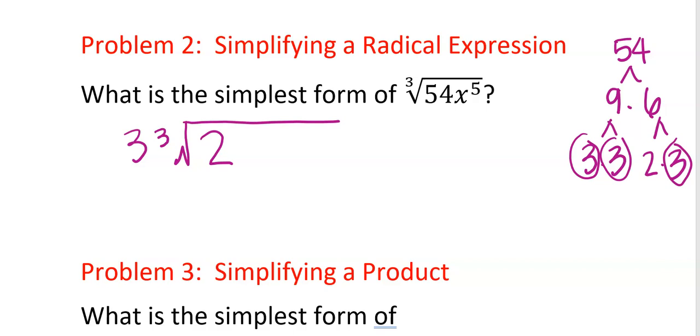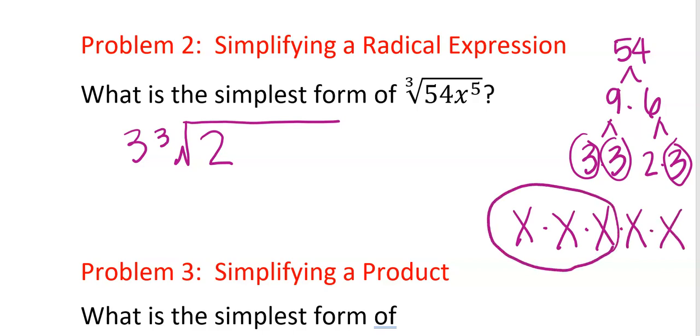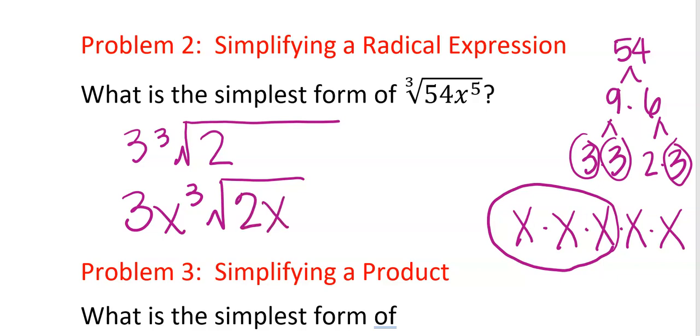If we have x to the 5, that means we have this, right? Now, these could come out because we have a set of 3. So that comes out as an x. And then how many are left? 2. That stays in. So this would be 3x on the outside, cube root, 2x on the inside.